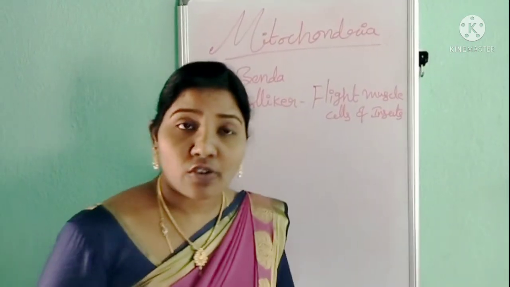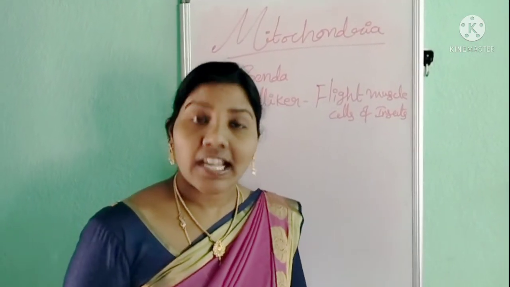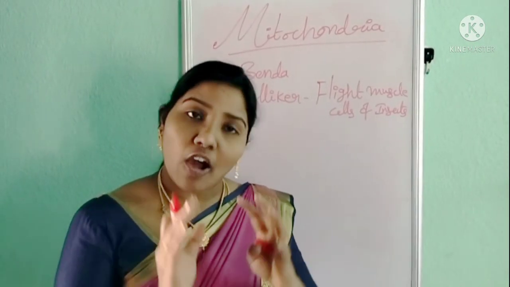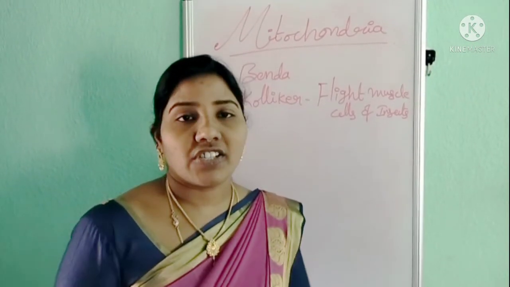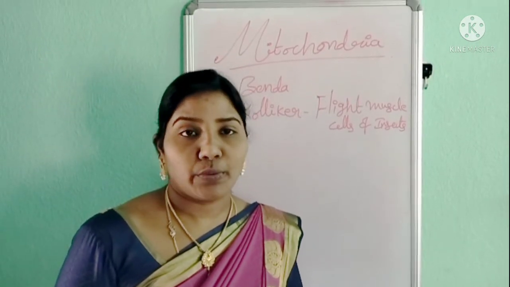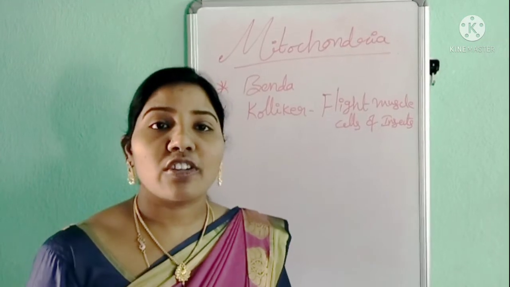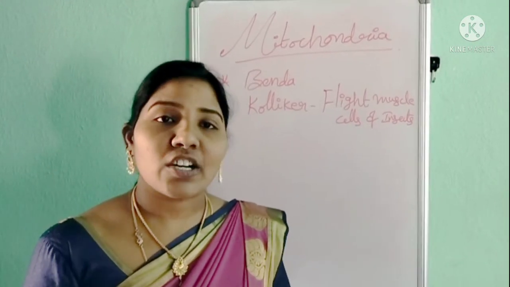Basically, the mitochondria are called the powerhouse of the cell because they provide total energy in the form of ATP to entire cell activities. That's why the mitochondria are called the powerhouse of the cell.